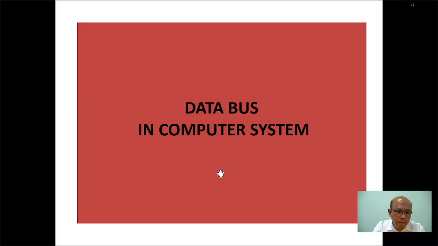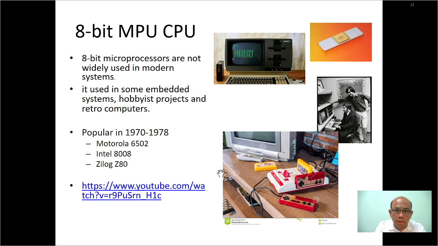Now in this topic, we talk about the data bus in the computer system. The first computer systems, if you search the internet, were 4-bit, but we will not talk about 4-bit because 4-bit was not a device sold in the public market. After 4 bits, most of the first computers people used were 8-bit systems.